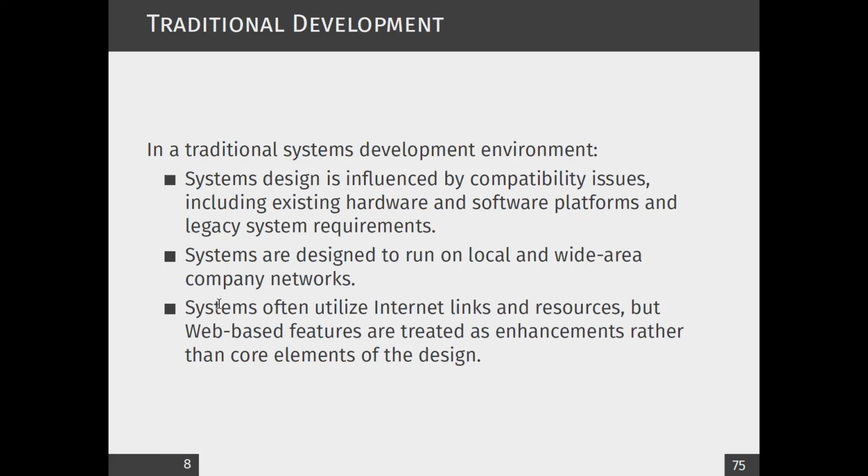Usually the systems are designed to run in local or wide area networks. It uses the internet, but commonly you are not going to use web-based features, though you may have them as an enhancement, right?